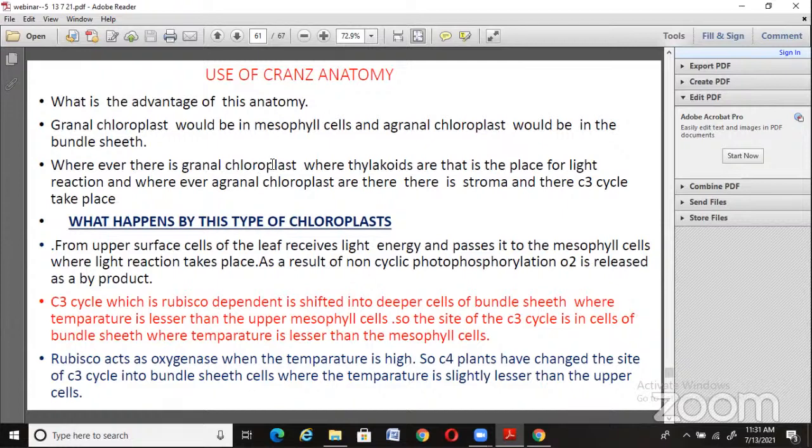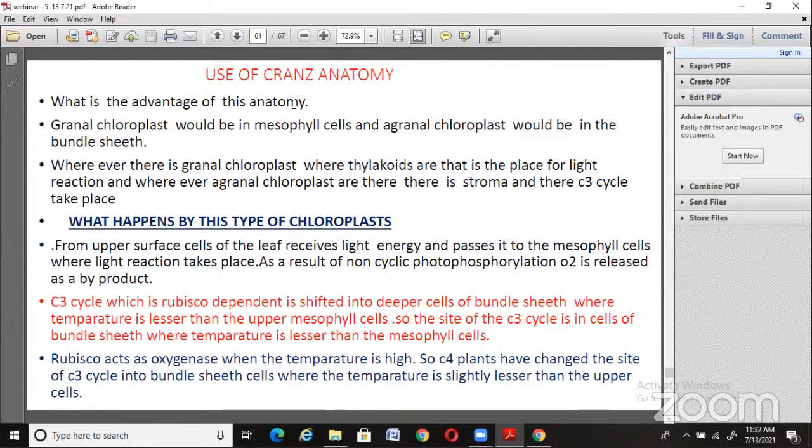Wherever there are granal chloroplasts and thylakoids, that is the right place to perform the light reaction. And wherever agranal chloroplasts are there, there is the stroma, and the C3 cycle continues at that place.